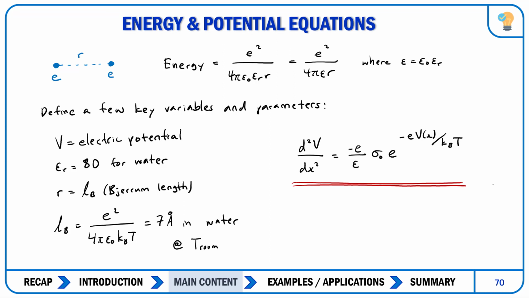So looking at this, now that we know potential, we can move on to looking at not just one DNA strand, but 2 DNA strands. And when we take a look at 2 DNA strands, we are going to consider a capacitor model.